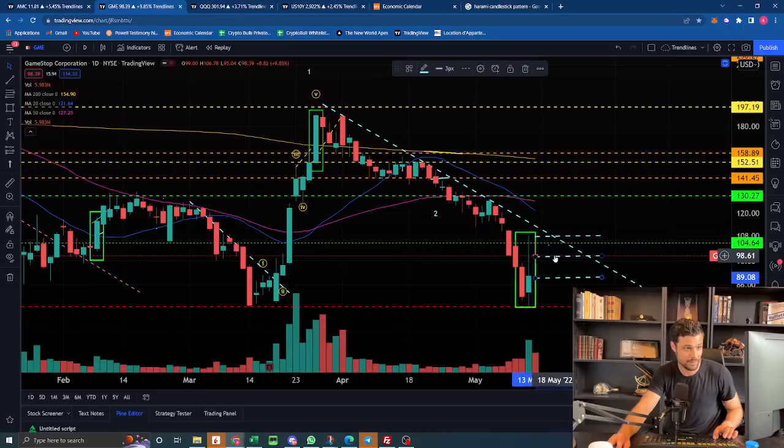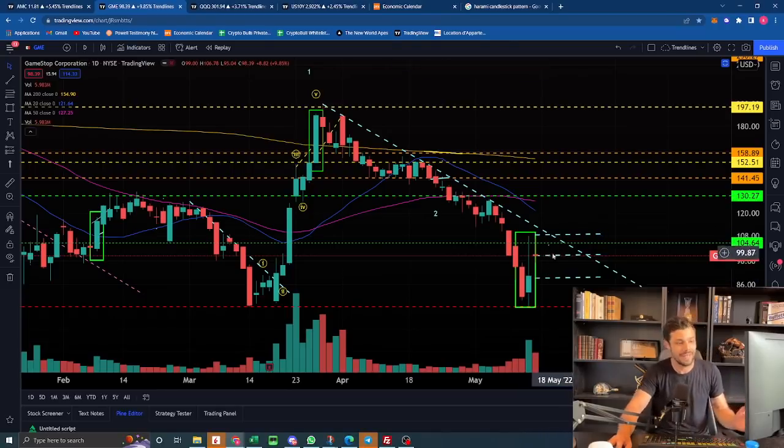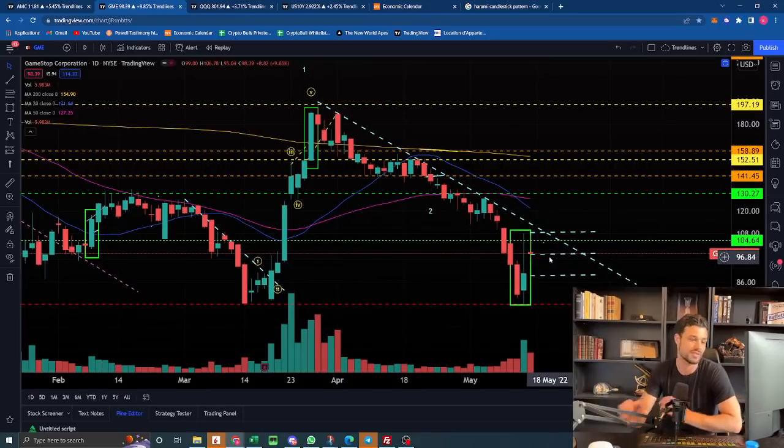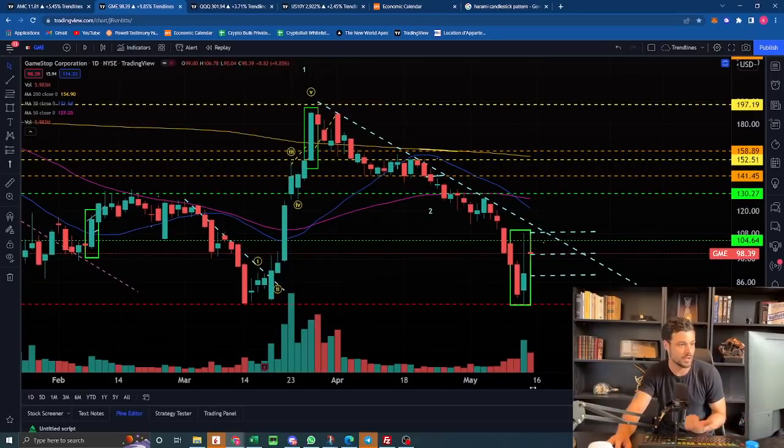Okay, so 89. Okay, so 101. Okay, roughly. Sorry, 99. Okay, so we open exactly on the neutral area, and we stay a little bit above, but we are really at the limit. So same information basically as from AMC: increasing volume, bullish candlestick pattern, and we are in the neutral area.